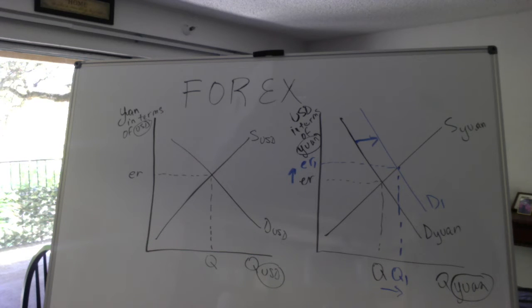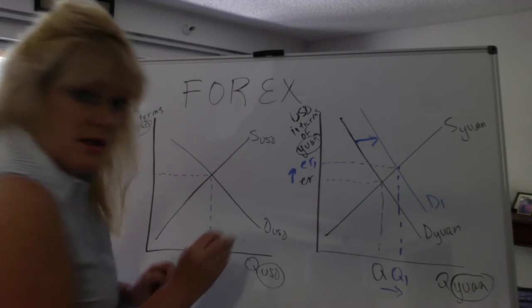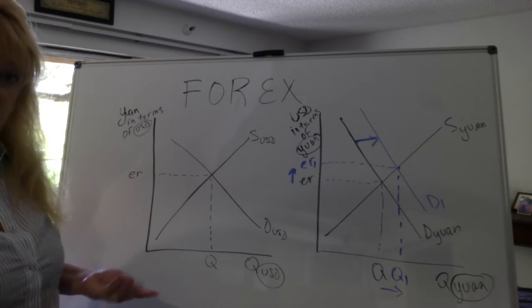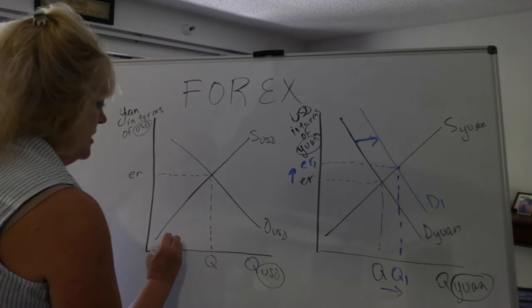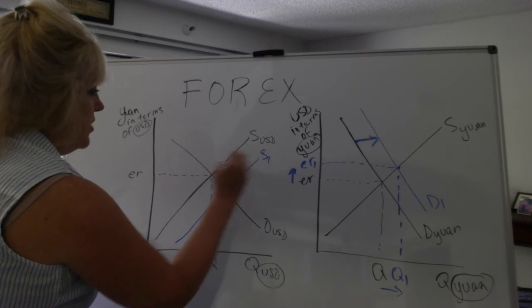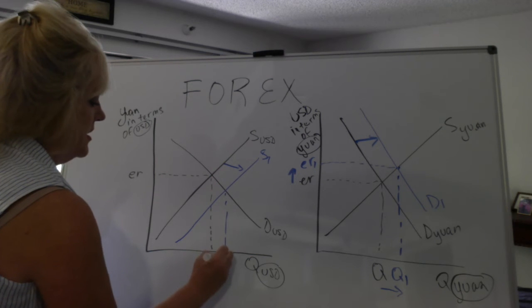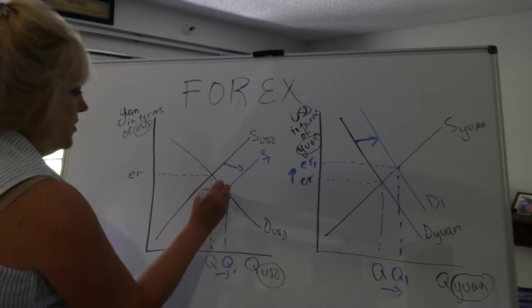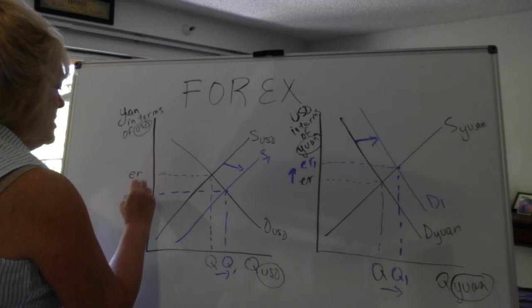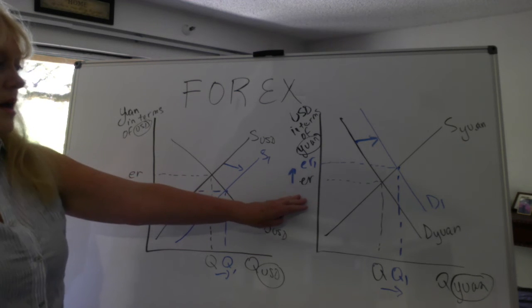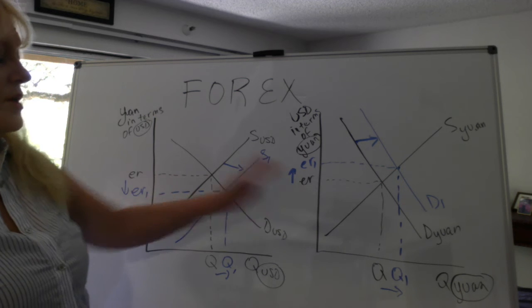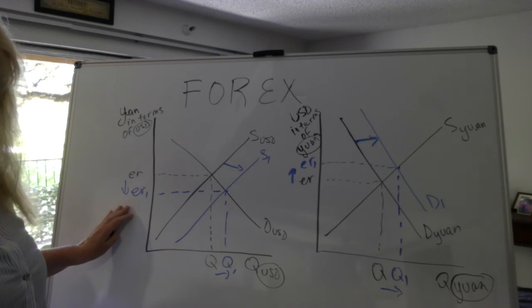Okay, what about the USD? Americans had to sell the USD in the foreign exchange market, so the supply of USD increased in the market. So we're going to draw that. S1 increase. What happened? Increase in quantity, exchange rate decreased. So the price of the yuan increased, the price of the USD decreased.